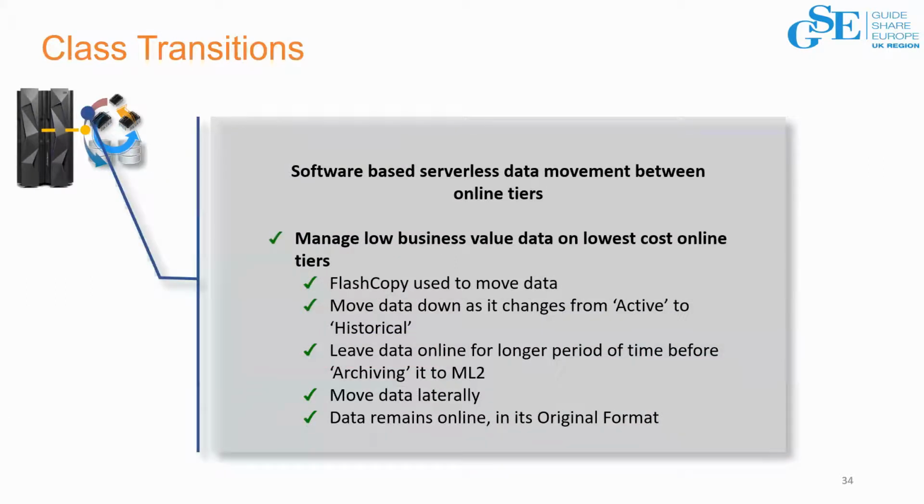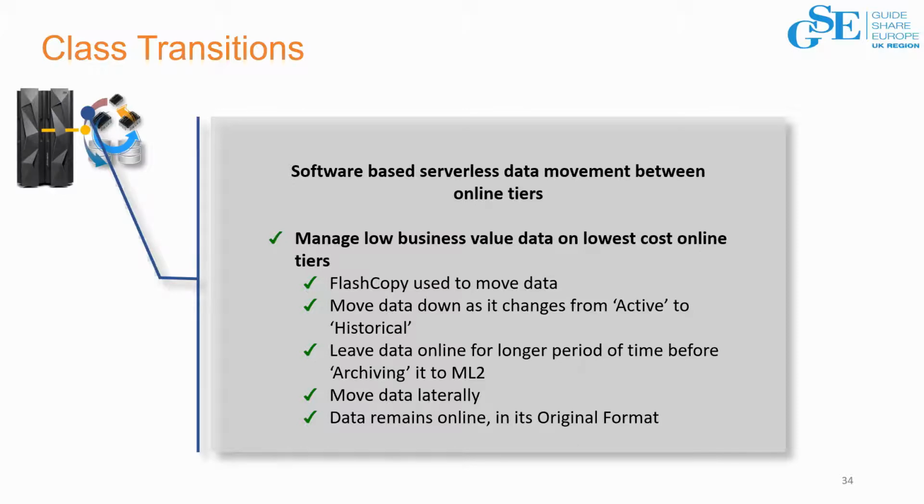So by combining disk tiering with HSM's class transition support, you can achieve serverless data movement between online tiers. The key here is that class transitions provide a way to guarantee data of lower business value remains on the lowest cost online tiers. With class transitions, FlashCopy can be used to move the data in a serverless way.